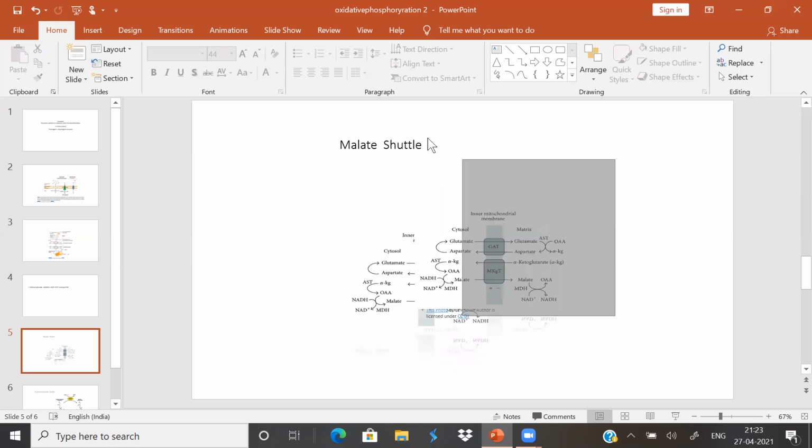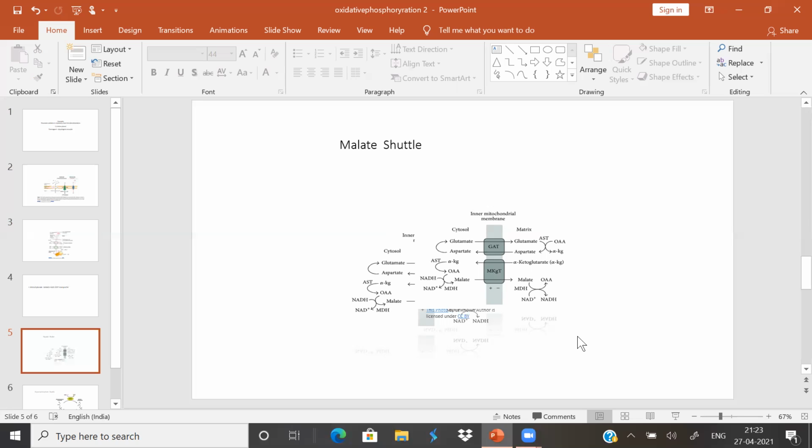Now, an important shuttle mechanism is the malate shuttle. What happens? Some reducing equivalents are produced in the cytosol, outside the mitochondria.